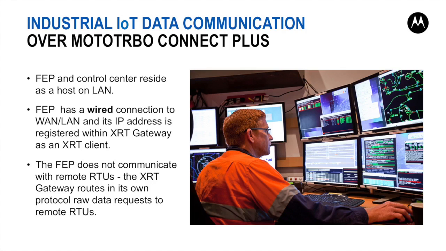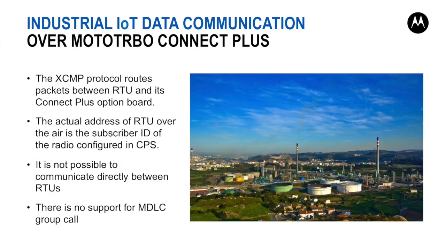Connect Plus offers a limited bandwidth data service compared to the MOTOTRBO digital operation. The XCMP protocol RT uses the XCMP device, and the radio is the XCMP master, routing the packet data between the RTUs and its Connect Plus option boards.